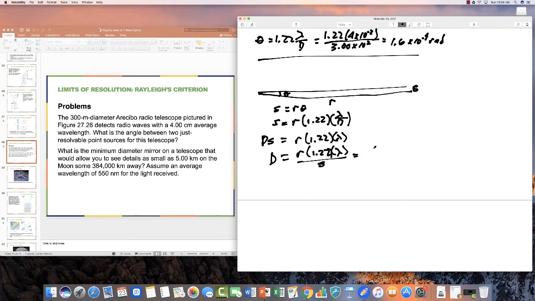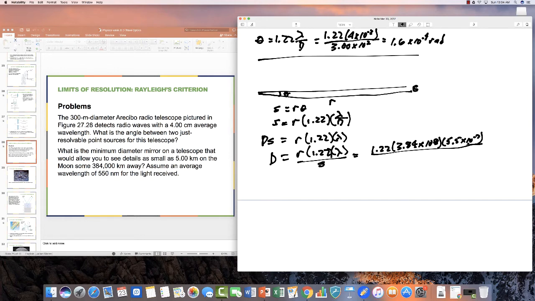When we put our numbers in here, it's 1.22, and R is this distance, which is 3.84 times 10 to the plus 5 kilometers, so it's 10 to the plus 8 meters. Lambda is 5.5 times 10 to the minus 7 meters.